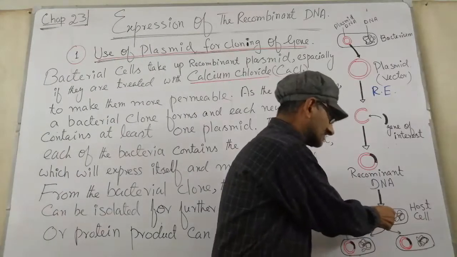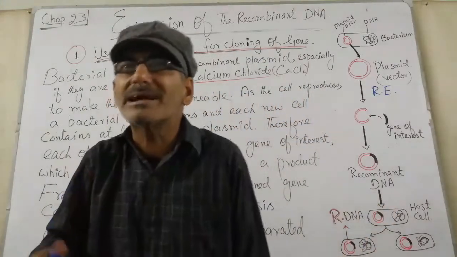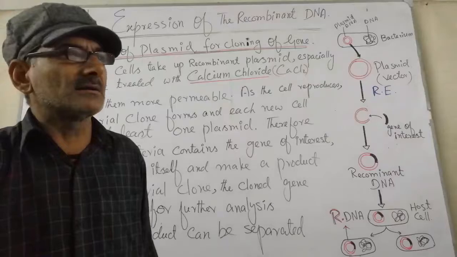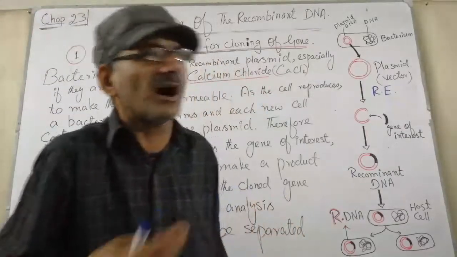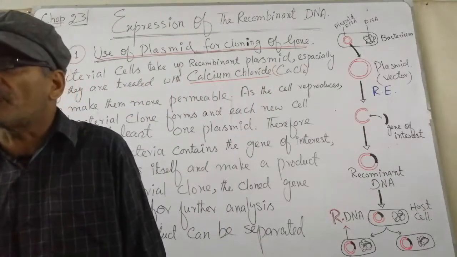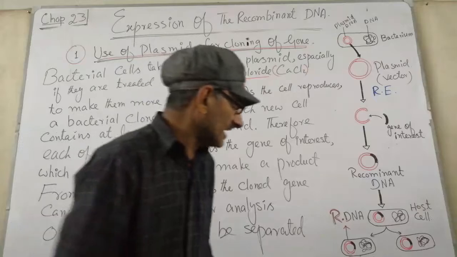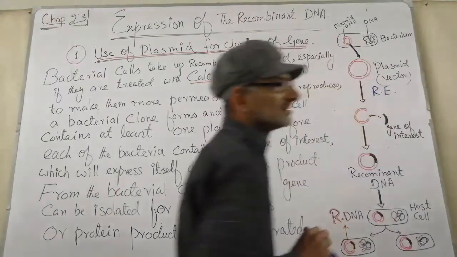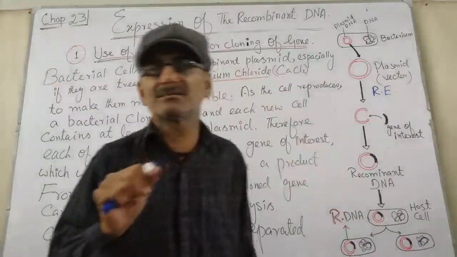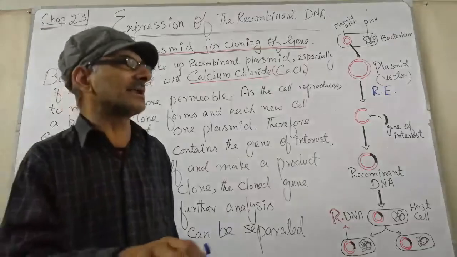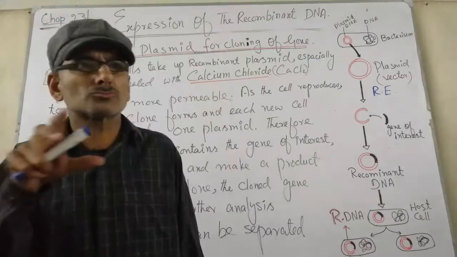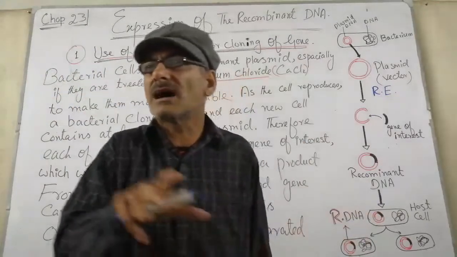This host cell in which recombinant DNA is present, it will reproduce and grow. And when it reproduces, it forms many cells. It divides into 2, into 4, etc. And so, in every bacterial cell, there is recombinant DNA present, because the recombinant DNA which is present in every bacterial cell can replicate along with the reproduction of the bacteria.